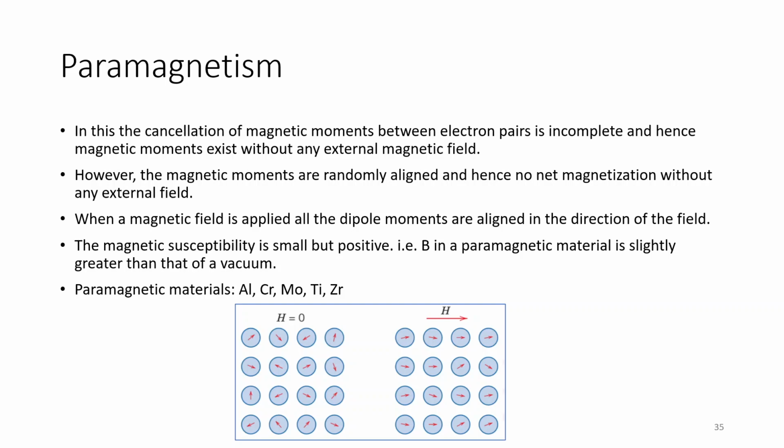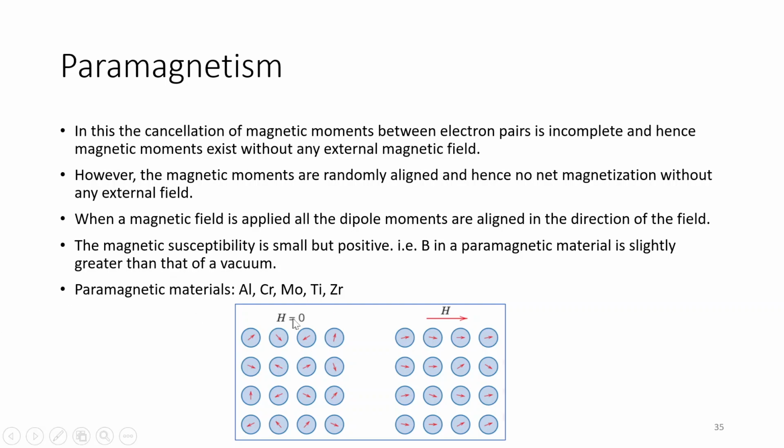When a magnetic field is applied, the dipole moments are aligned in the direction of the field, and the magnetic susceptibility is small but positive, which means B in a paramagnetic material is slightly greater than that of a vacuum. Examples of paramagnetic materials are aluminum, chromium, molybdenum, titanium and zirconium.